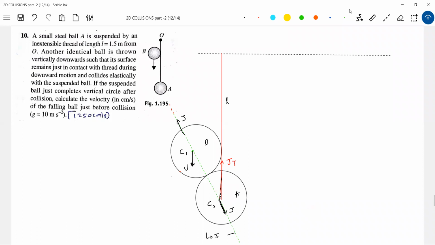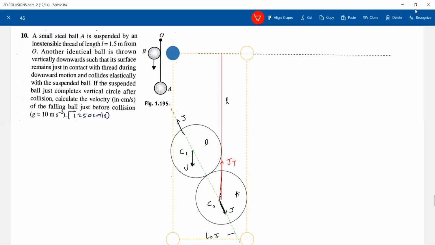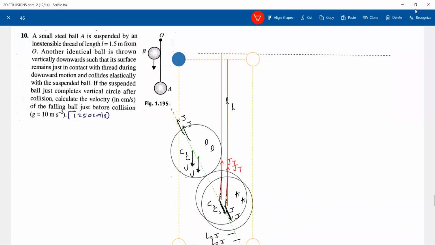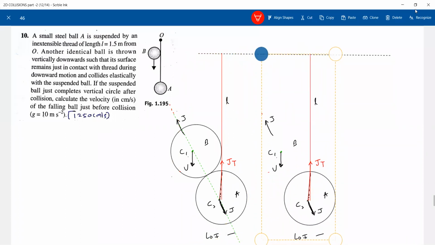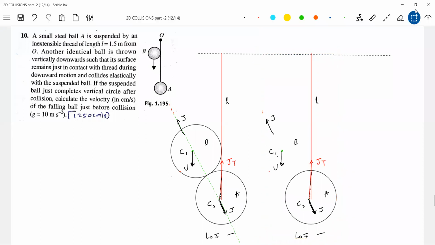Okay, let's see that. Now it should complete the vertical circle. So just after collision, what should be the velocity of this ball? The velocity of the ball should be in this direction, so that it will complete the vertical circle.